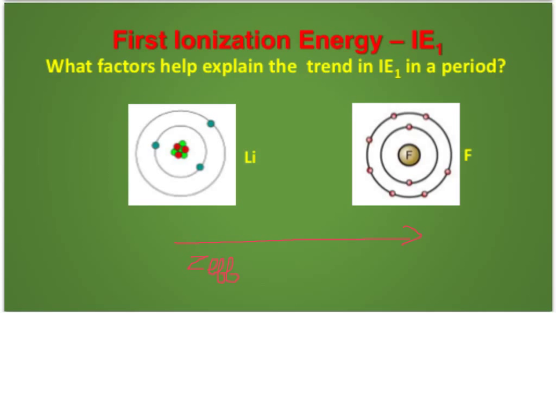So the ZEF will increase. There will be a stronger pull on the electrons. If there's a stronger pull on the electrons, you don't want to lose those electrons. Makes it more difficult to lose the loosely held electron. So that increases ionization energy as we go from left to right in a period.